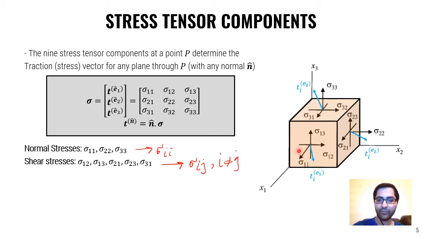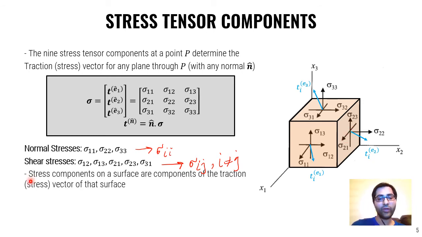You see that here sigma 1 1, 2 2, and 3 3 are normal to the planes, and sigma 1 2, 1 3, 3 1, 3 2, 2 3, 2 1 are parallel to those surfaces, or tangent to those surfaces.